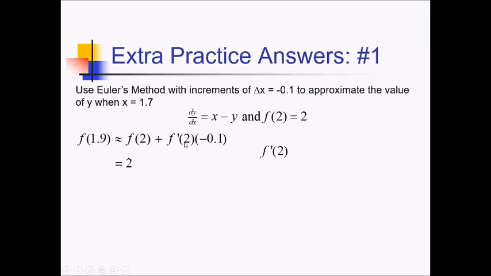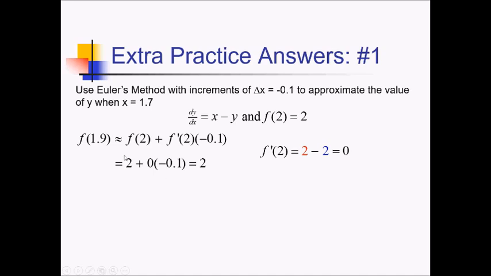So for f prime of 2, I have an x and a y value I need to plug in. So this is going to be the x value 2 minus the y value, which also happens to be 2, comes out to 0. So f prime of 2 is 0, so plus 0 times negative 0.1. And that just zeroes that second term out. So our approximation for f of 1.9 is quite undramatically also 2.